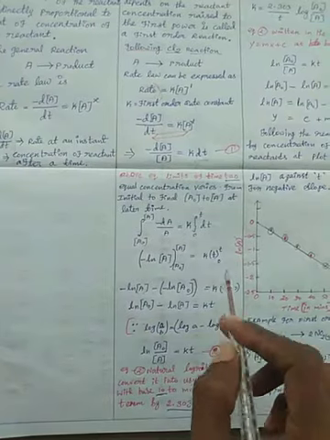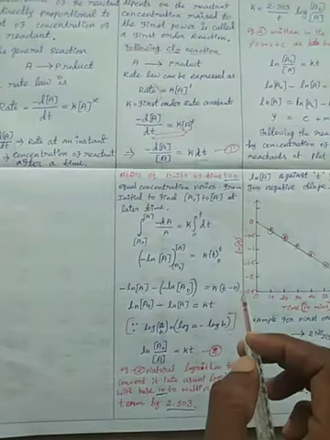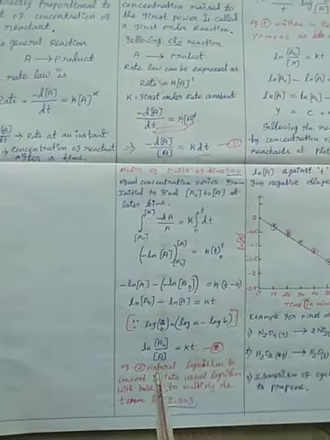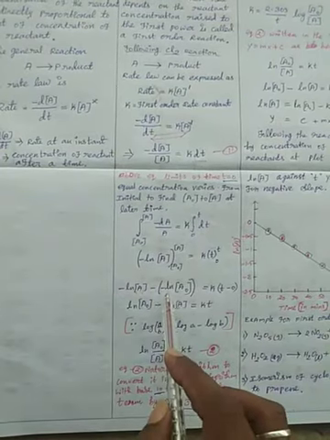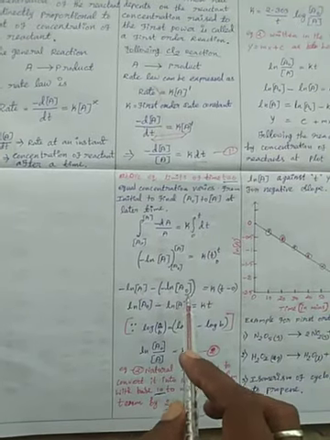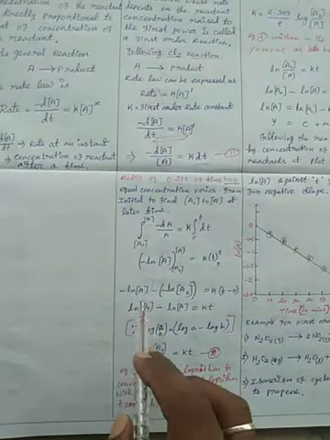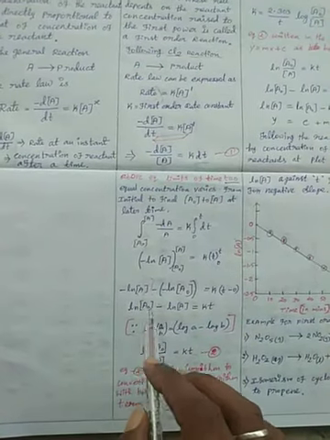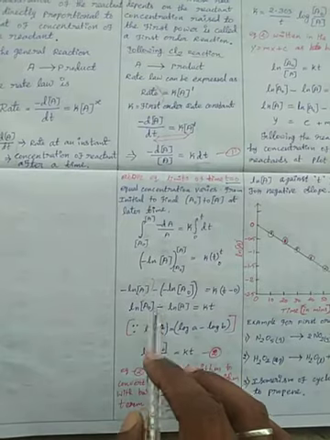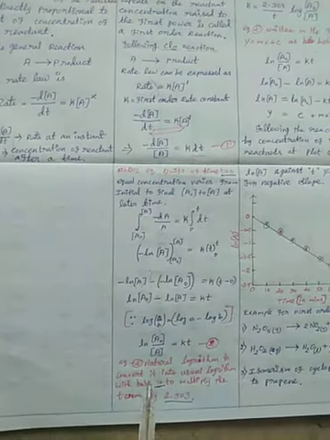The upper limit minus the lower limit 0 gives minus ln A plus ln A naught. So ln A naught minus ln A equal to k t.